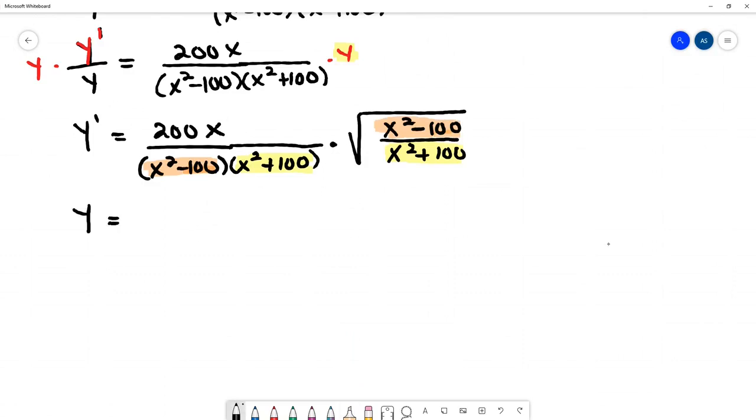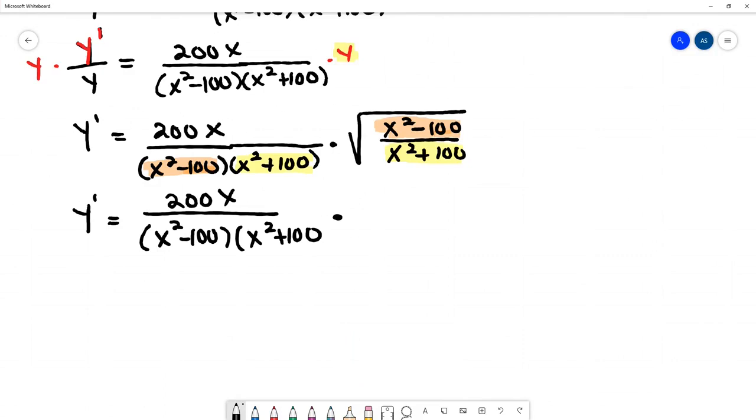So I can try to write this as the 1/2 power again, and I'll write this as x squared minus 100 over x squared plus 100 to the 1/2 power. And then I can apply that power to the numerator and denominator separately.